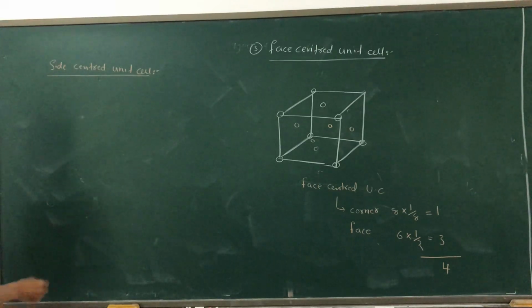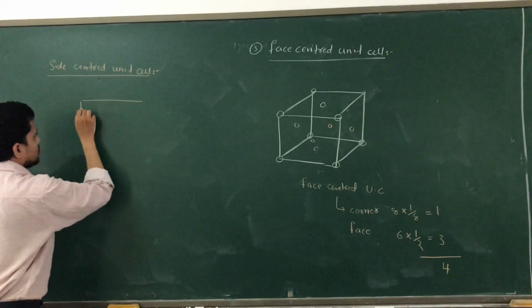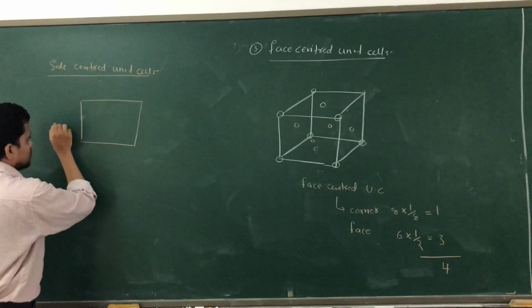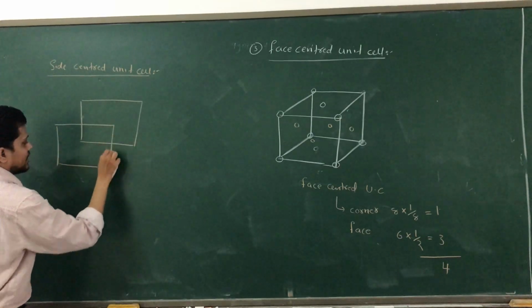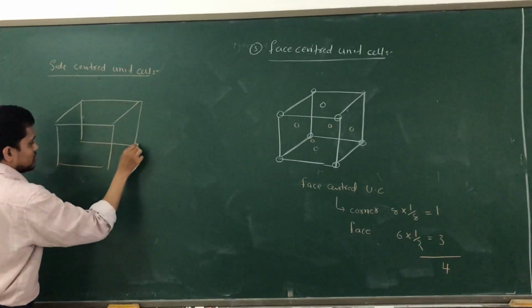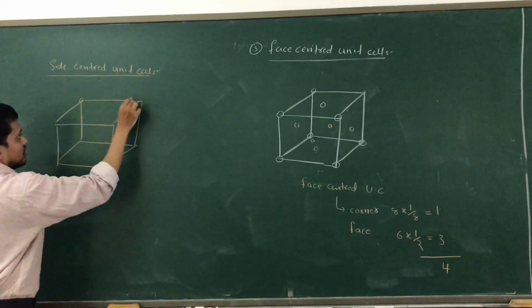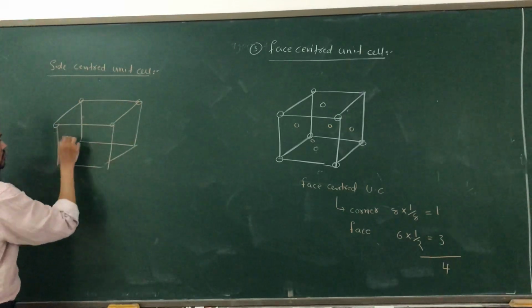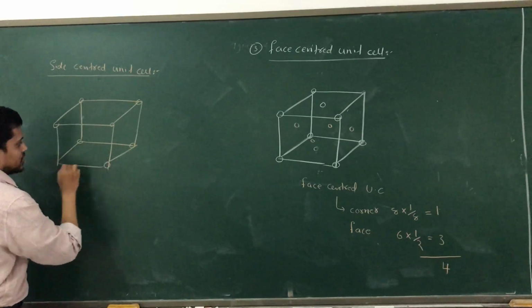Now in this unit cell, first of all, we have atoms on the corners. So 8 corners have 8 atoms.